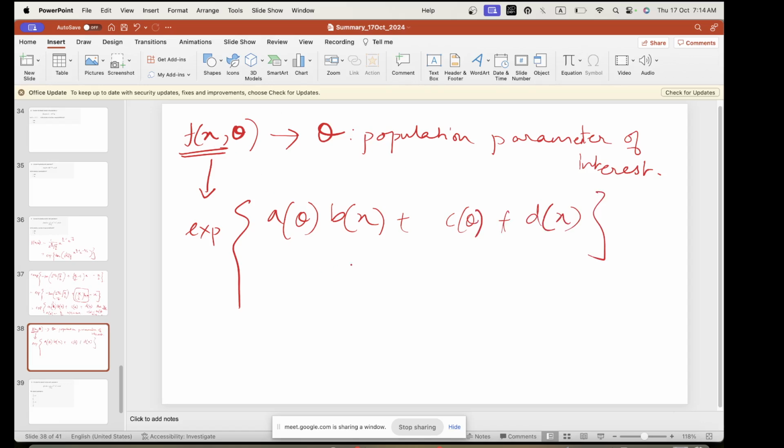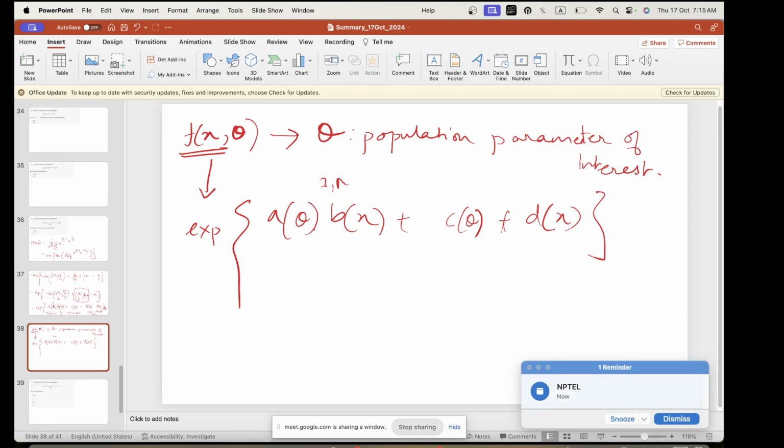If the PDF can be transformed into this form such that a(theta) is solely a parameter-containing term, b(x) is an observation-containing term, c(theta) is again only parameter, d(x) is again observations. You could have nuisance parameters, other parameters, say phi, gamma, which are not the parameter of interest, in any of these.